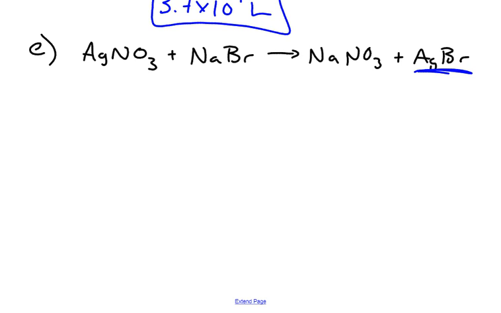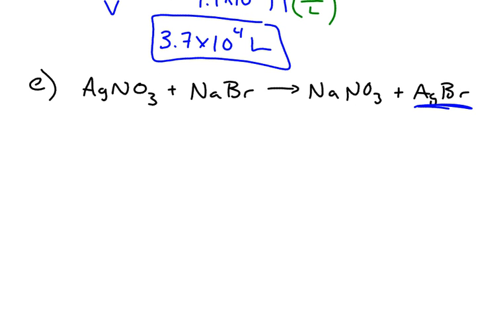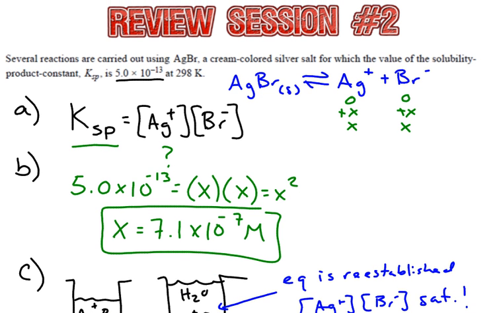So, how do I do that? The only thing that I have to help me is the Ksp expression. This, right? Specifically right here. So these are values. They gave me values already.